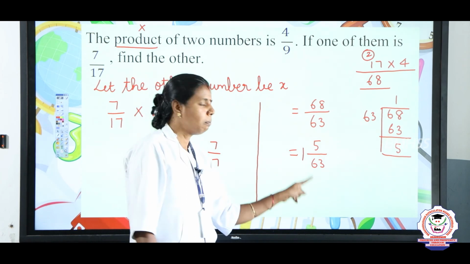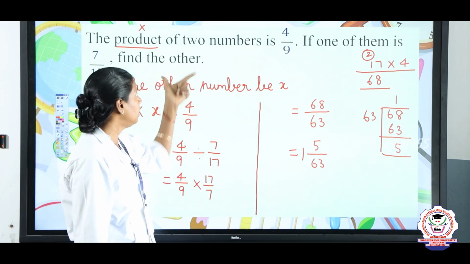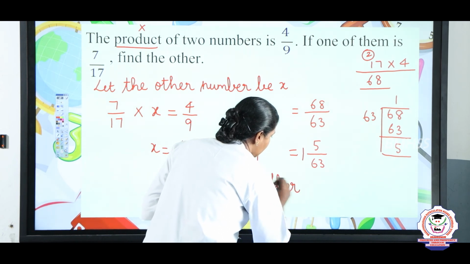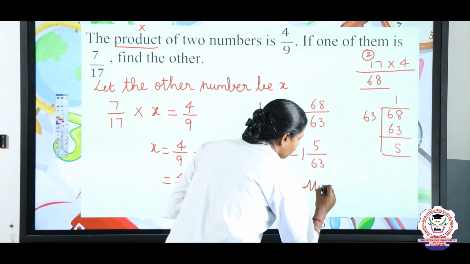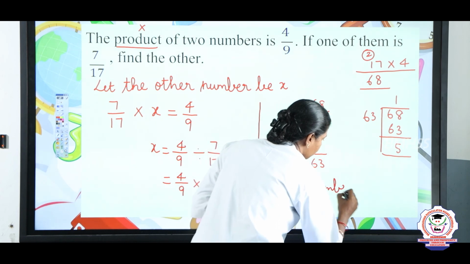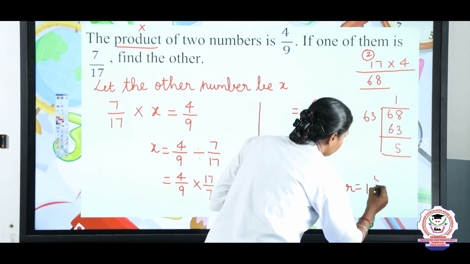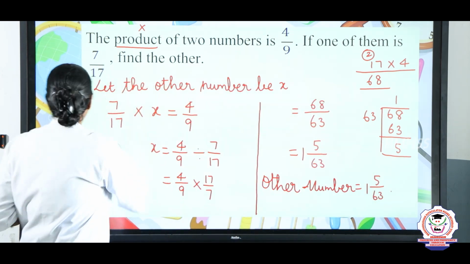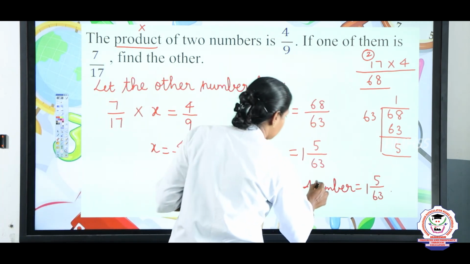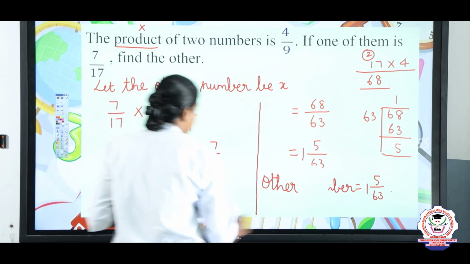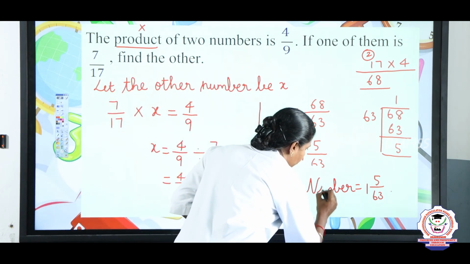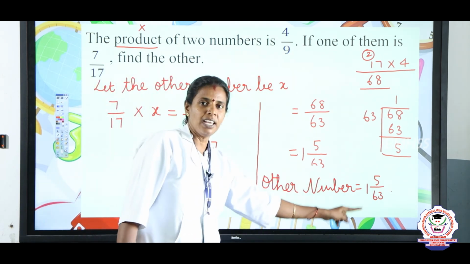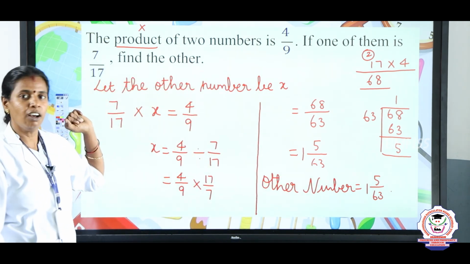So, 1 5 by 63 is the other number. Therefore, the other number equals 1 5 by 63. Is it clear? So, therefore, the other number equals 1 5 by 63. We found the answer for this.